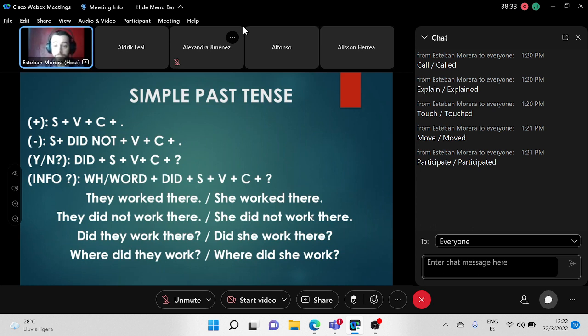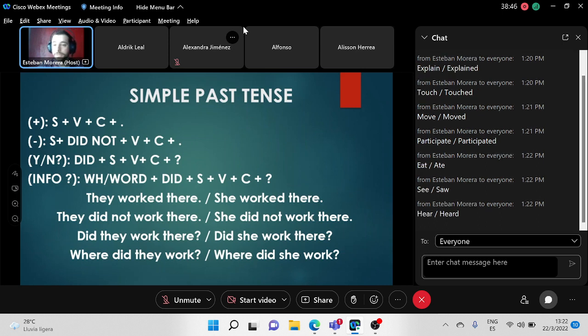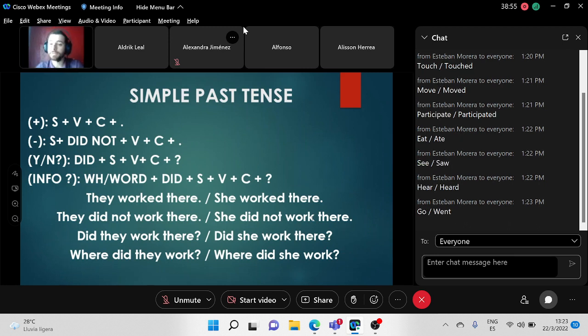Examples of irregular verbs: eat is in the present, ate is in the past tense. See is in the present, saw is in the past tense. Hear is in the present, heard is in the past tense. Go is in the present, went is in the past tense.